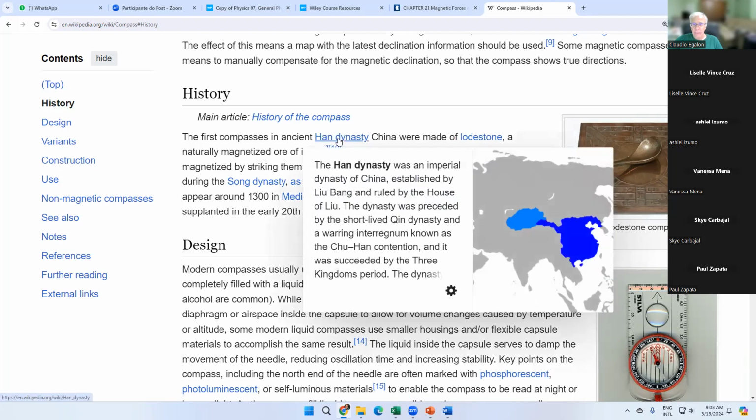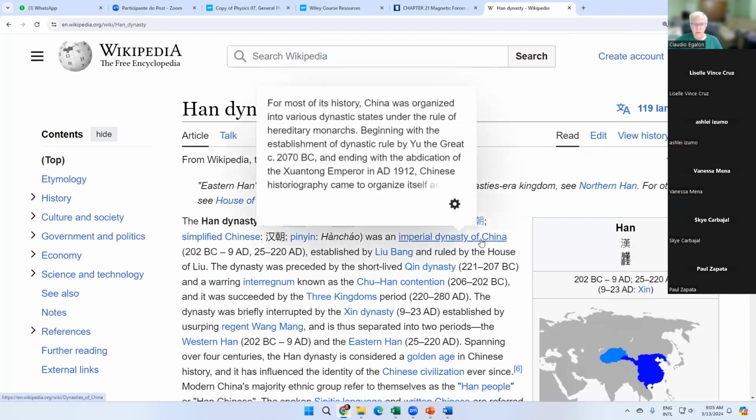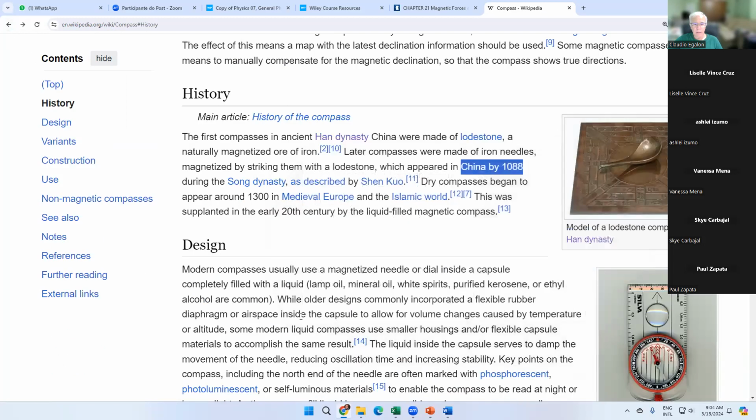They say Han, ancient Han Dynasty. Let's see when the Han Dynasty was. Okay, it was in BC. An imperial dynasty that ran from 202 BC to 9 AD and 25 AD to 220 AD. So the first compasses, okay?